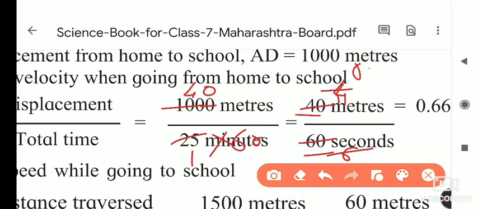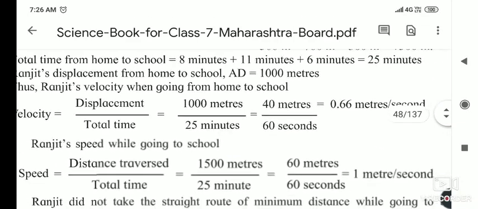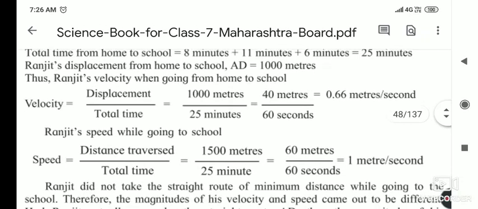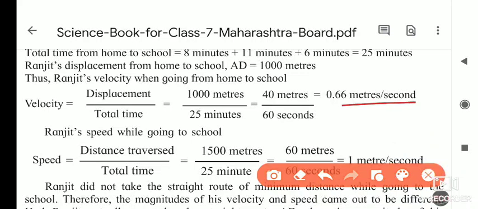In the 6 table there is no 4, so we take 40 after the point. Then 6 sixes are 36, again the remainder is 4, again give 0, 6 sixes are 36, again the remainder is 4, 0 take, means in this way you will get the answer 0.6666. Okay, and that is its velocity, 0.66 meter per second is Ranjit's velocity.